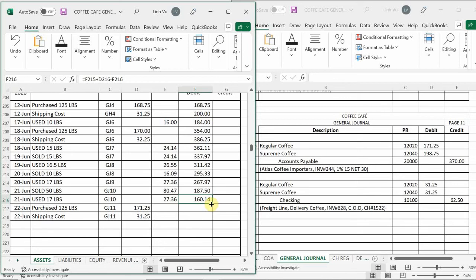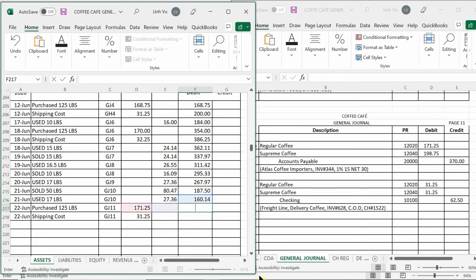So it'd be $140 added to the 160.14. Where is $140? Oh, I'm sorry. Okay, it'd be 202.50 added to the 160.14.